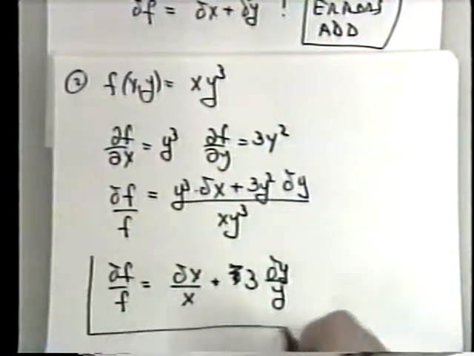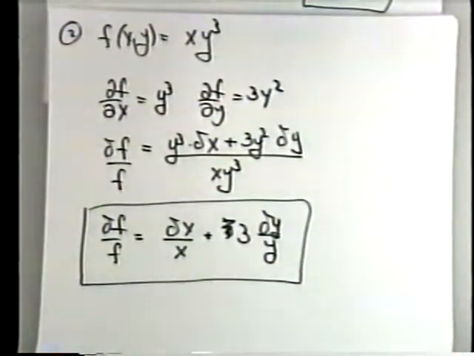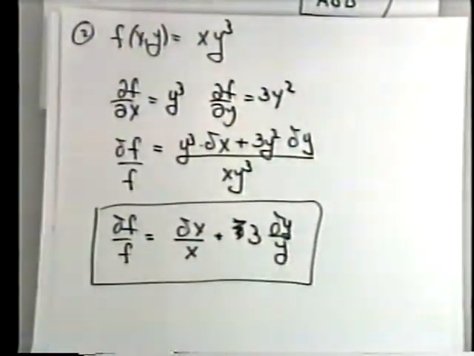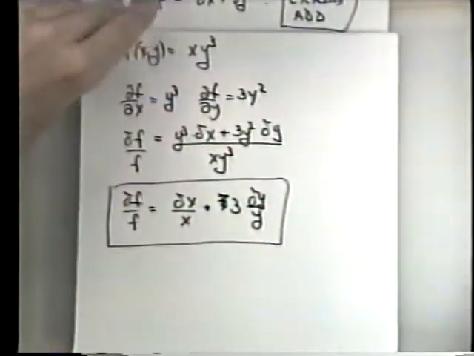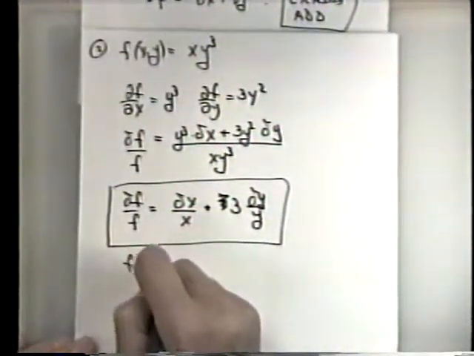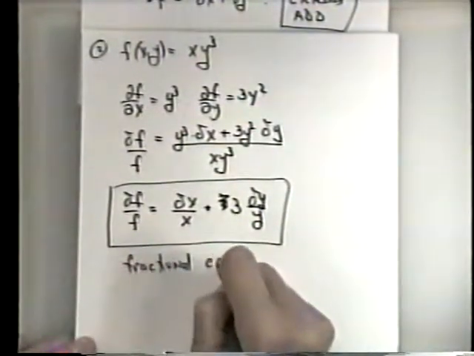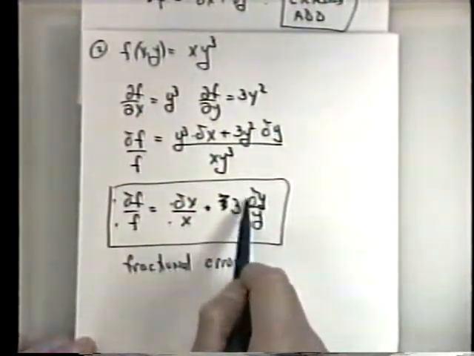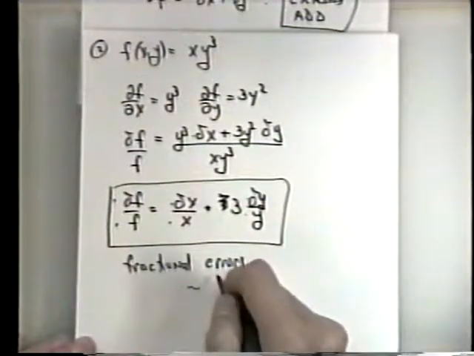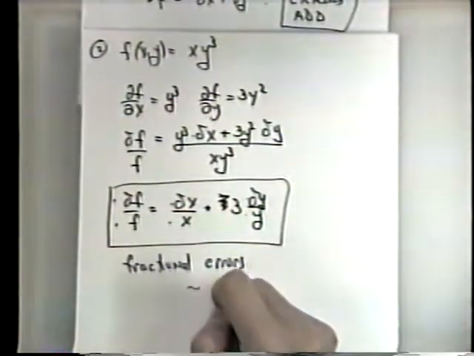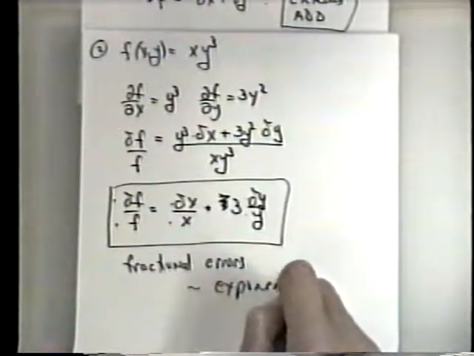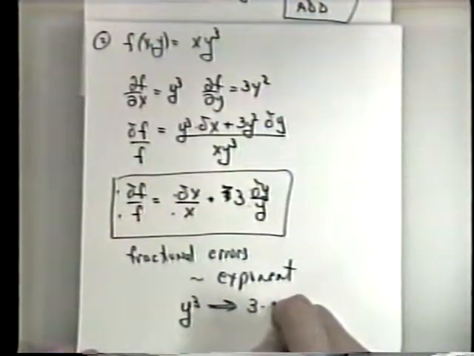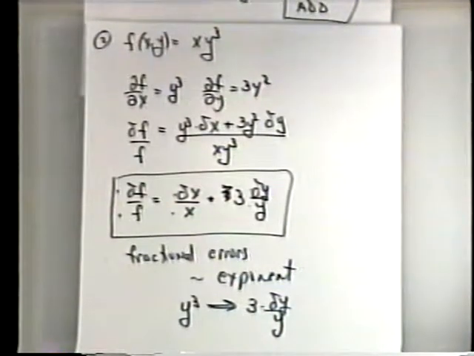So what this says now is that when we have an exponent, remember here we had f equals x times y cubed. The way the errors propagate when we have something cubed with an exponent is that the fractional errors, which is the error divided by the amount, are proportional to things raised to that exponent. So if I have something that goes like y cubed, then the fractional error will be 3 times the fractional error in y.